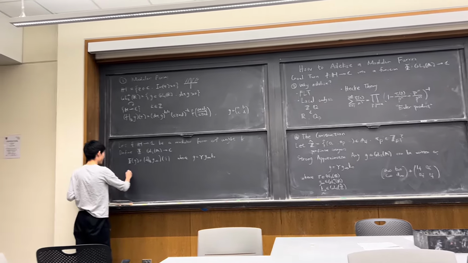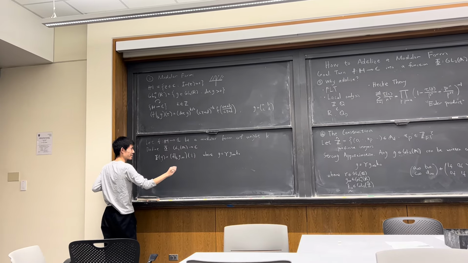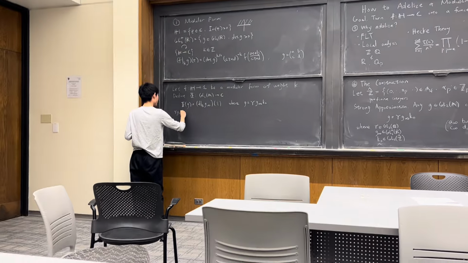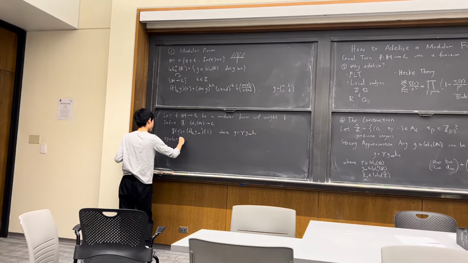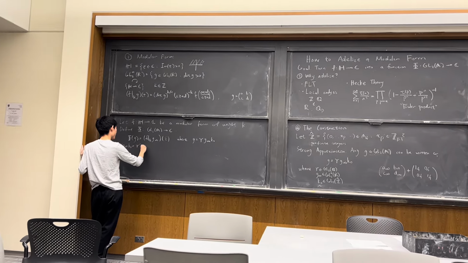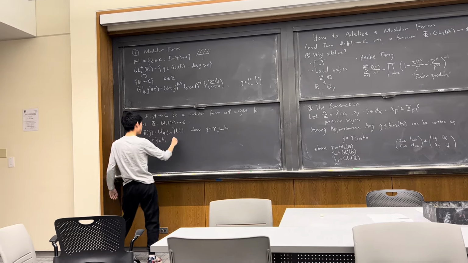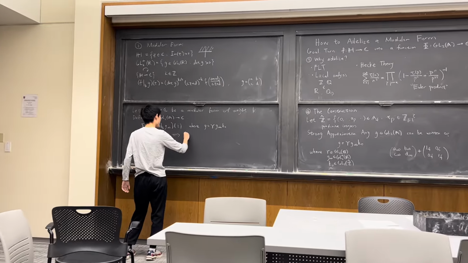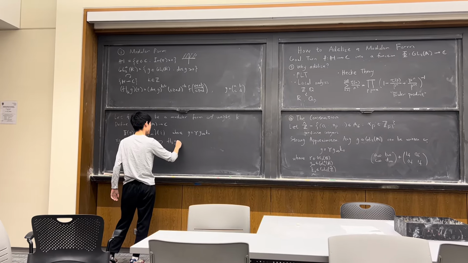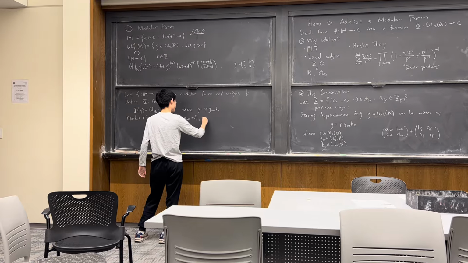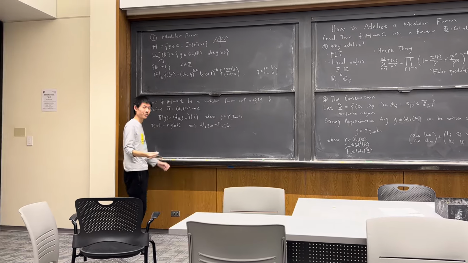Well, let's say I have two different decompositions, g equals gamma g infinity k0 equals gamma prime g infinity prime k0 prime. So I want to show that f slash g infinity is actually just equal to f slash g infinity prime. How do I do this?